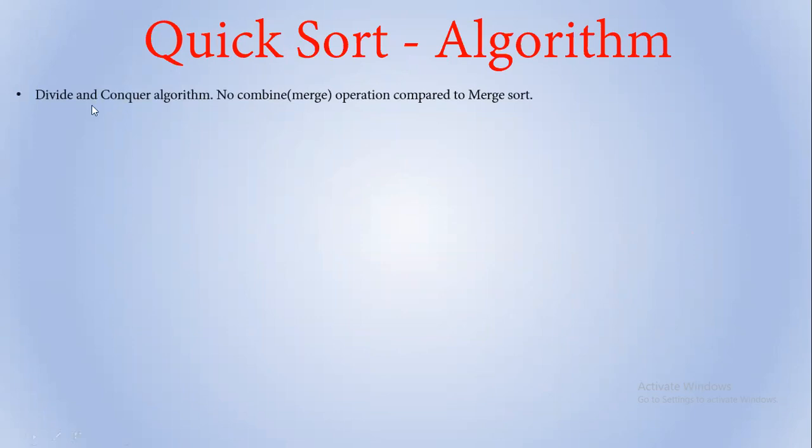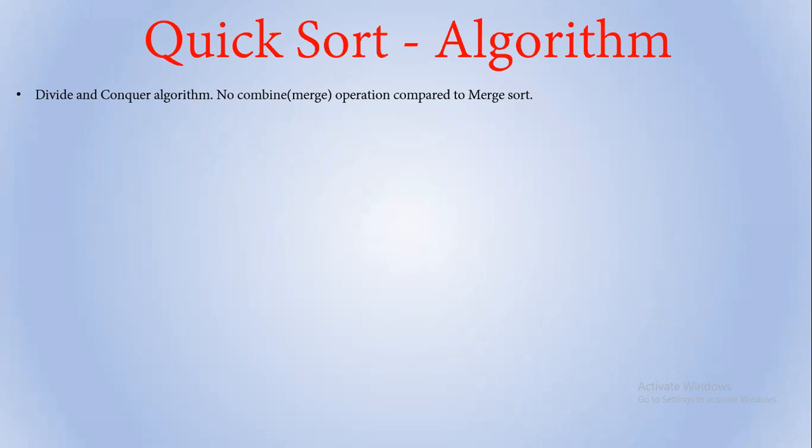So this is only a divide and conquer algorithm, but there is no merge operation, meaning no combining operation. Combining will automatically take place, or some kind of sorting takes place inside the division operation.